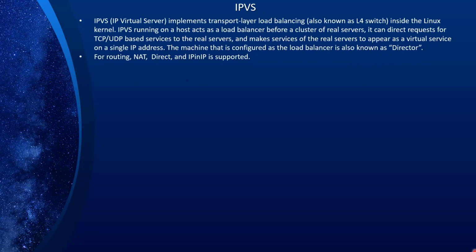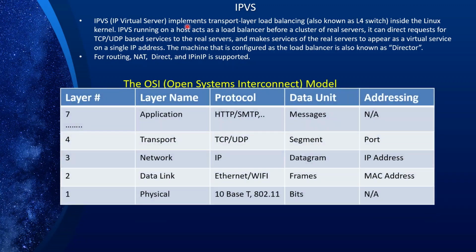So let's see how ipvs works. ipvs stands for IP Virtual Server. It implements transport layer load balancing, also known as an L4 switch, inside the Linux kernel. To remind ourselves, let's take a look at the OSI network model. These are the layers and layer names. Layer 4 is the transport layer, and it uses TCP and UDP.